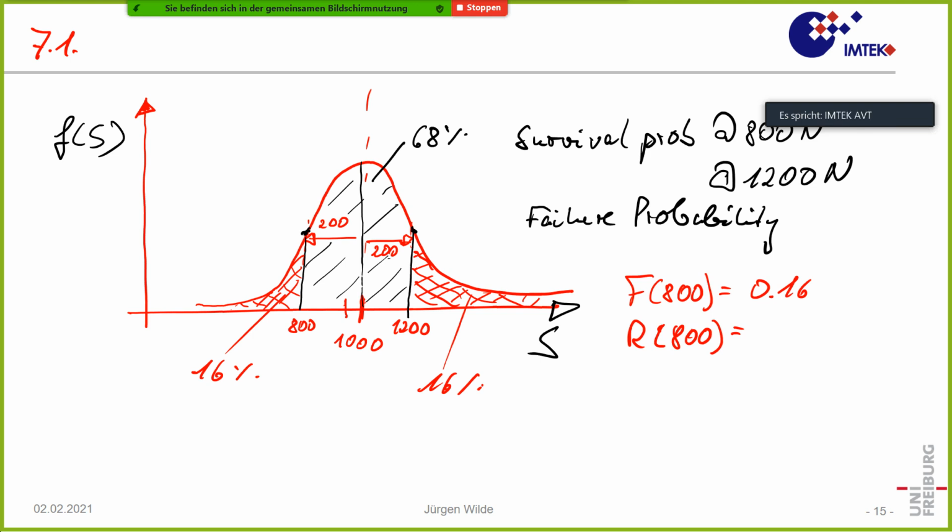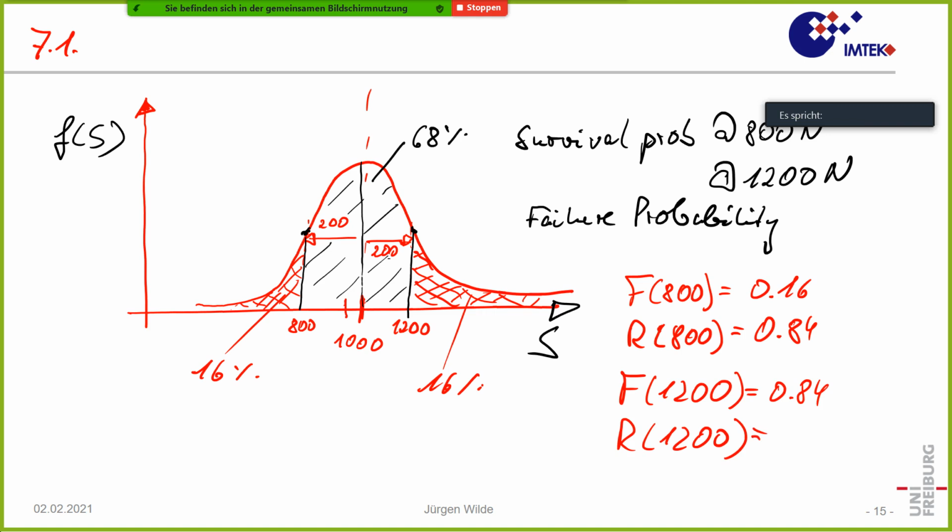Yeah, okay, 0.84. And F of 1200 is 0.84 and R of 1200 is 0.16. Okay, in that way, that's the most simple way we can treat reliability.